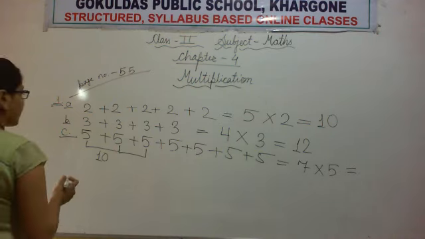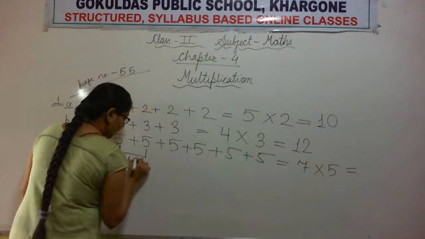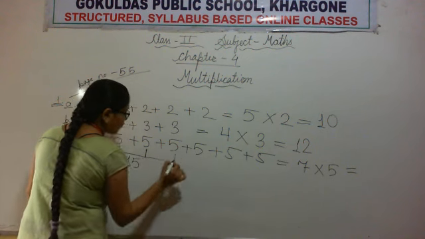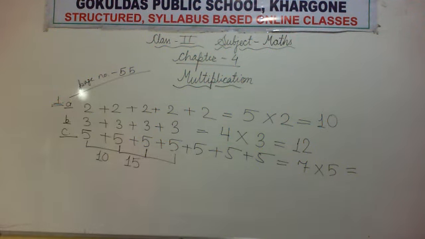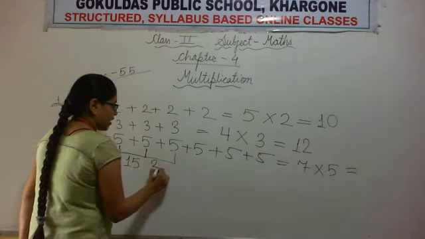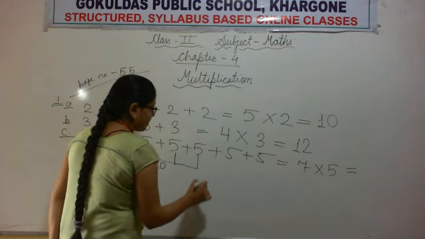Yes, 10 plus 5 is 15. Very good. Now add 5 more to 15. Plus 5 is, very good, 20. Now add 5 more, 20 plus 5.